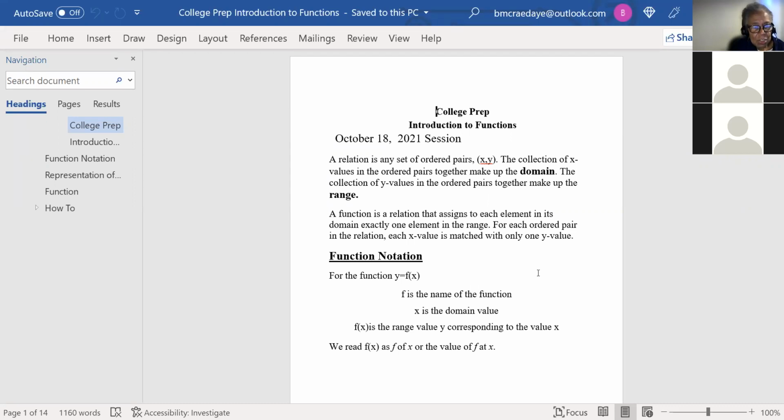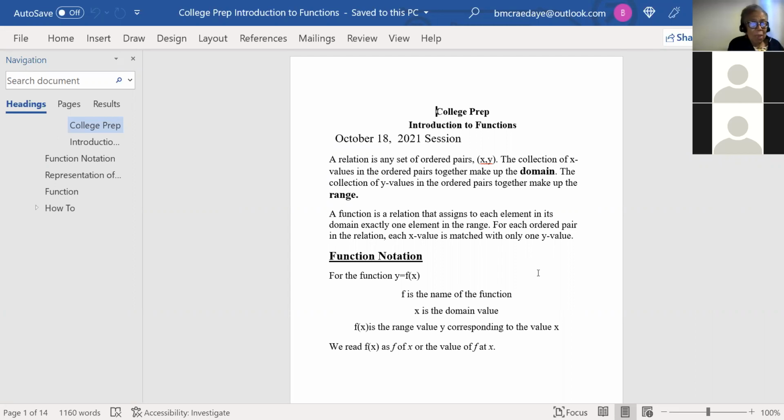In other words, we'll just use X and Y, there should be one X value for every Y value, one input for an output. A relation doesn't have to have that, because you can have ordered pairs and you don't have to have the same number in as out. But you must have it for a function.